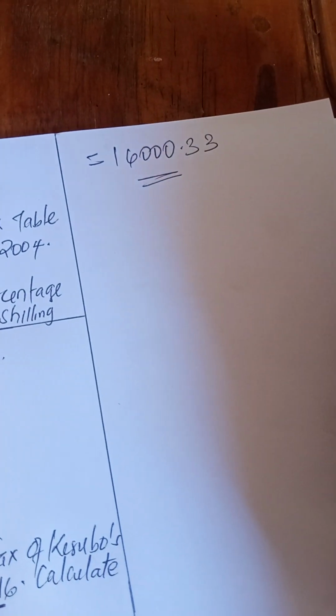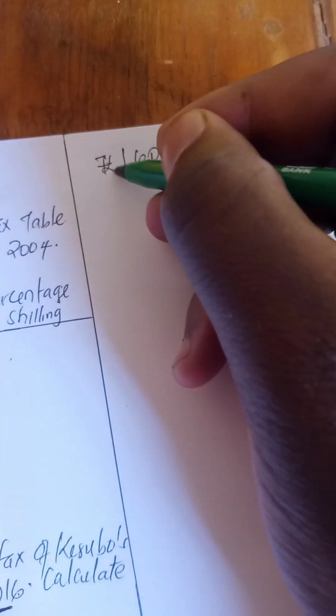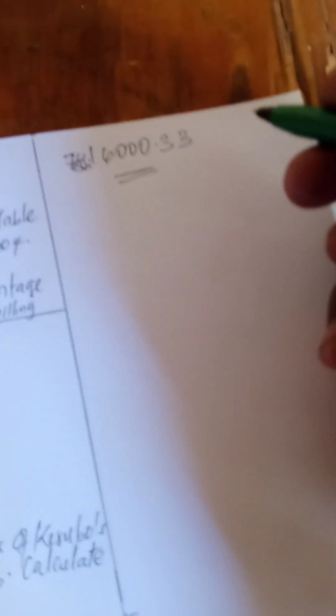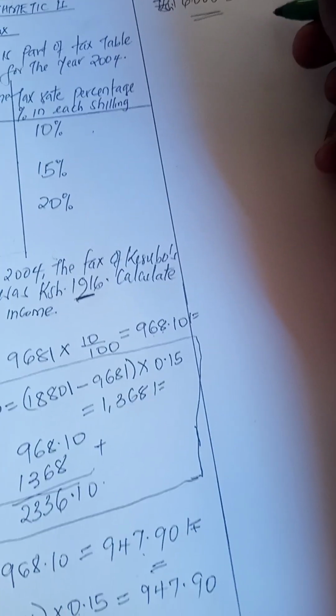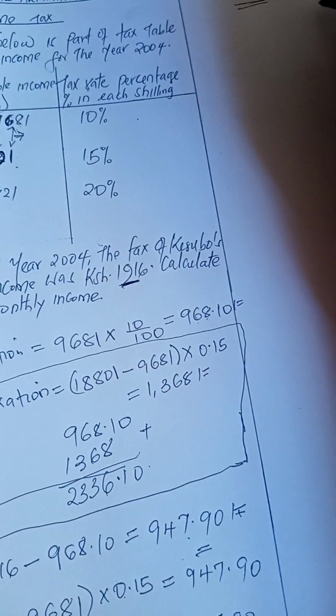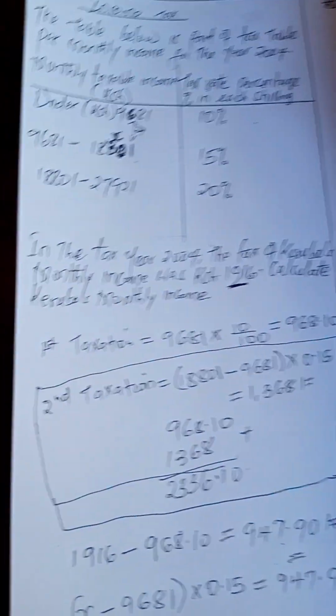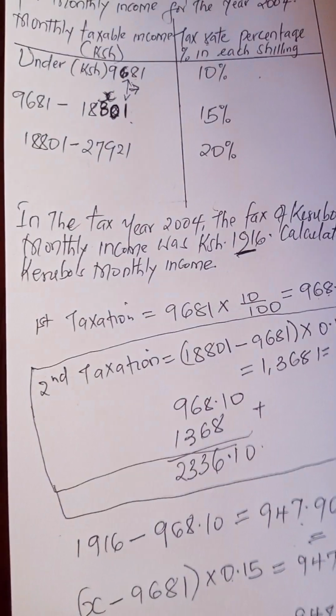So that should be Kenya shillings, the amount that is the taxable income. The question was to calculate Kerubo's monthly income.